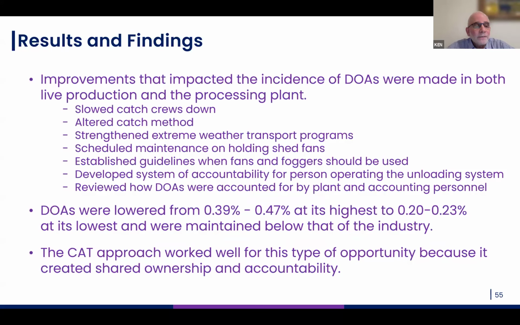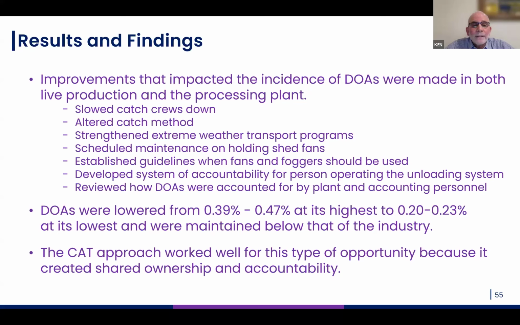So, the results and findings of our trial: what we improved or changed to impact the incidences of DOAs were both in live production and the processing plant. As a result of some of the things we were seeing and thought we understood relative to that process flow chart and some of the data, we slowed the catch crews down, especially on the shifts that had the higher DOAs.